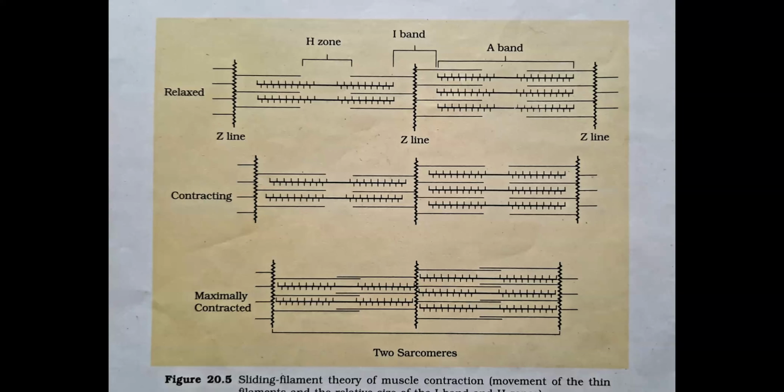Which one's length remains the same? A band. And which one completely disappears by the end of muscle contraction? H band, H line, H zone. Fabulous answers. With this, I conclude the topic and I go to the next one.